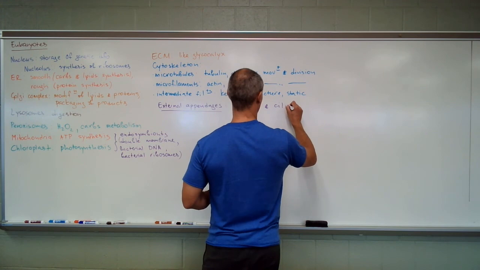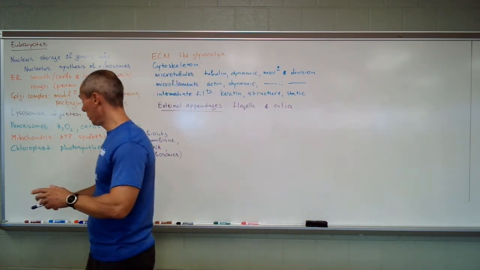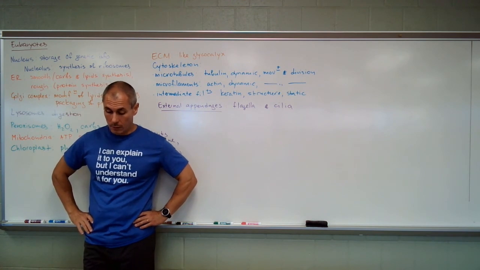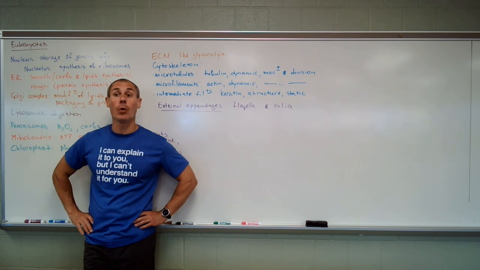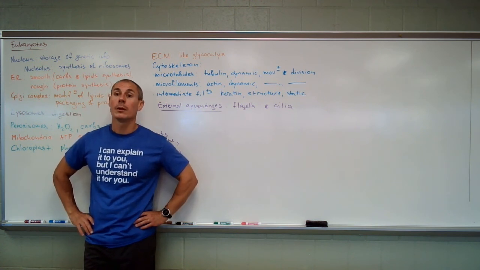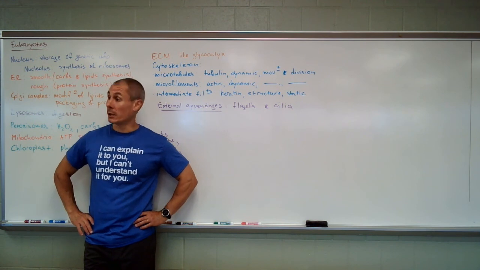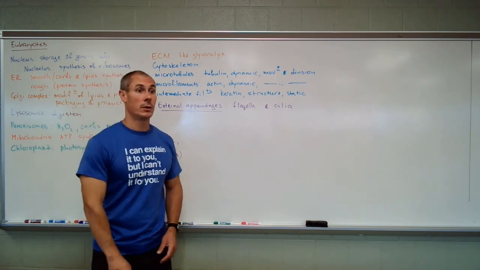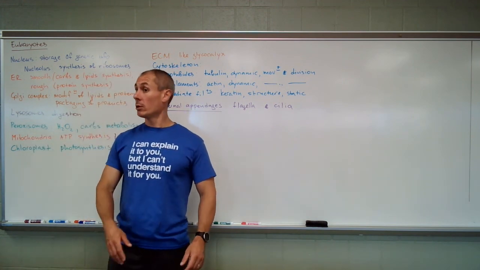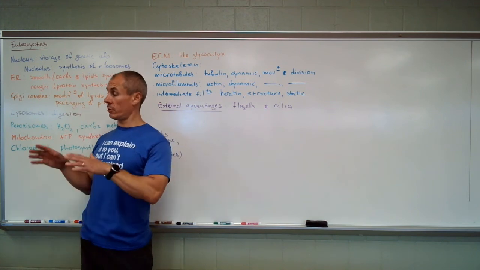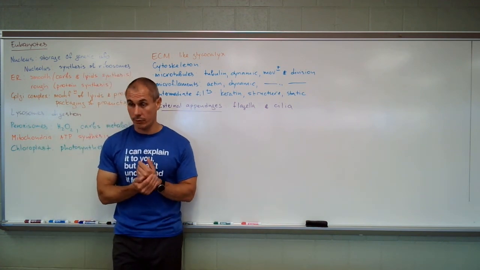Both are used for movement. And flagella are the only appendage that can be found in both bacteria and eukaryotes. There is a substantial difference though. You remember that bacterial flagella are propellers. Eukaryotic flagella are oars. Okay, they have a very different structure. They're made out of microtubules and so on and so forth.